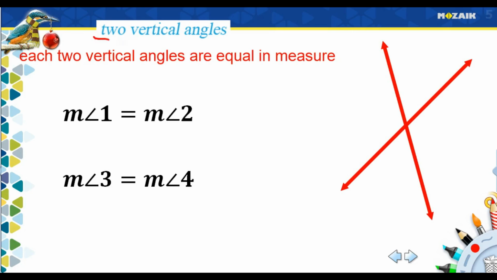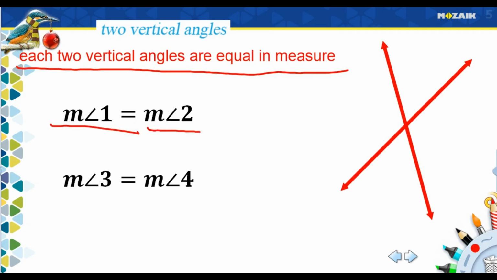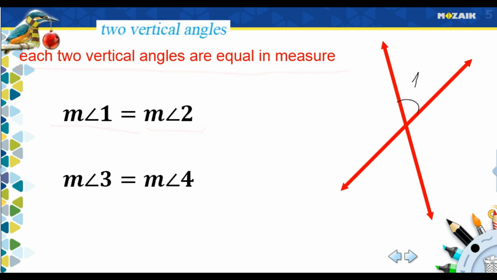Now, the two vertical angles. What are the two vertical angles? Each two vertical angles are equal in measure. Look, measure angle 1 equals measure angle 2, because they are vertical angles. And also angle 3 equals angle 4, because two vertical angles are equal in measure. Measure angle 2 equals measure angle 4.